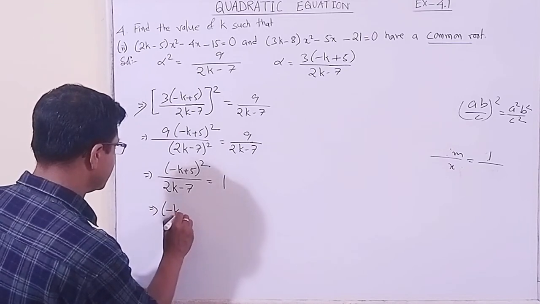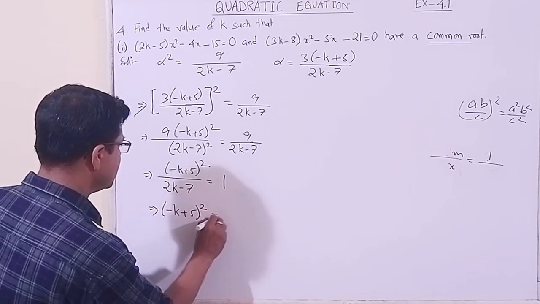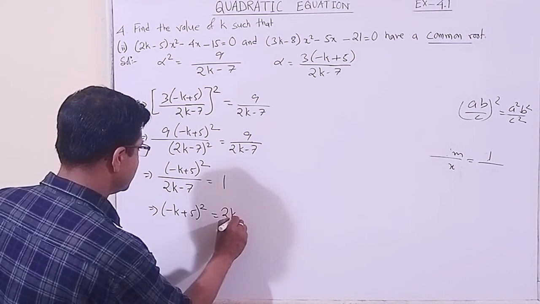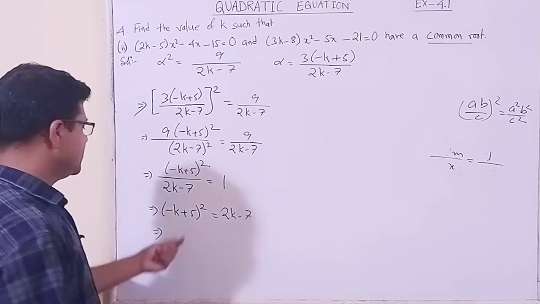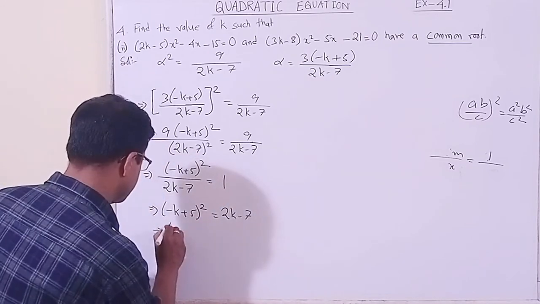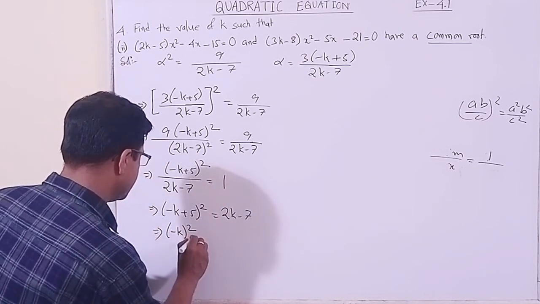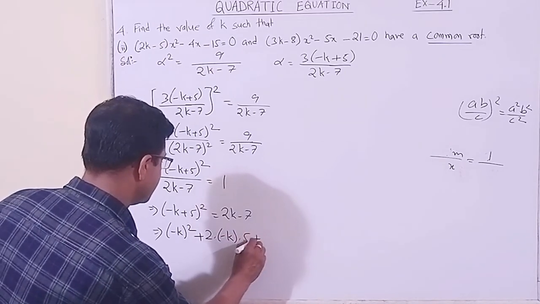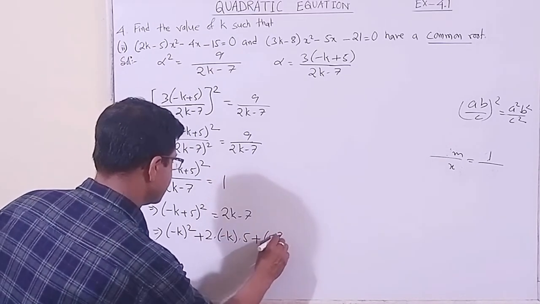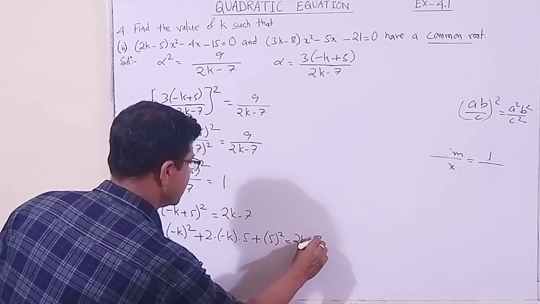It is minus k plus 5 whole square. 1 into this is twice k minus 7. All right, we are very close to finding the value of k. This is of the form a plus b whole square, so this is a square plus twice ab plus b square. This is twice k minus 7.